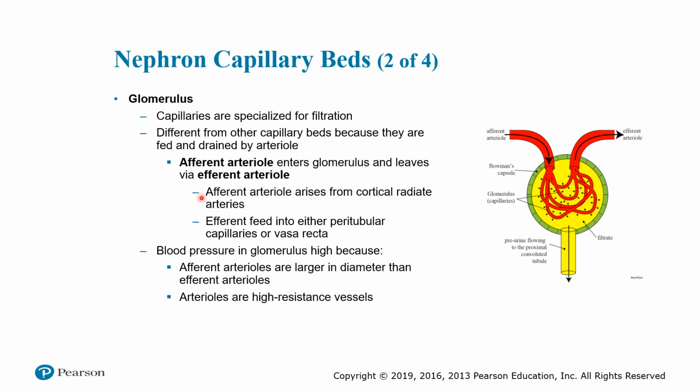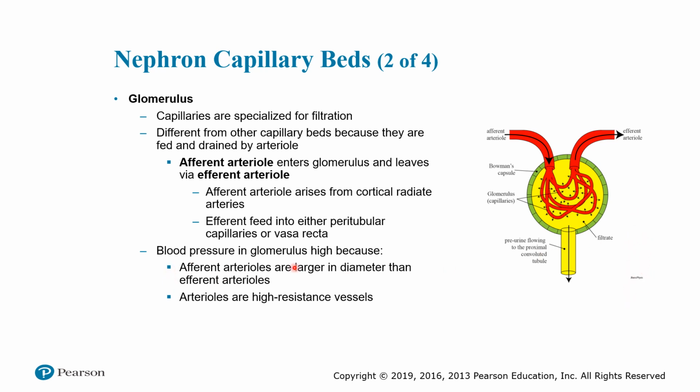The afferent arteriole arises from the cortical radiate arteries, and the efferent feeds into either peritubular capillaries or the vasa recta. Like I said before, these efferent arterioles, where do they go? Either they make peritubular capillaries if associated with the cortical nephron, or they drain into vasa recta if it is a juxtamedullary nephron.